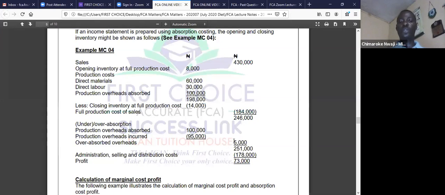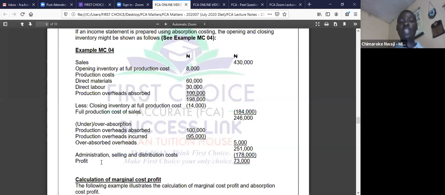So now what do you do to this over absorption? You now add it to this figure here, which gives you 251,000. When you get your 251,000, you less your selling, distribution and admin costs. Now all of these admin costs are fixed. Part of the selling and distribution costs are fixed, part are variable.